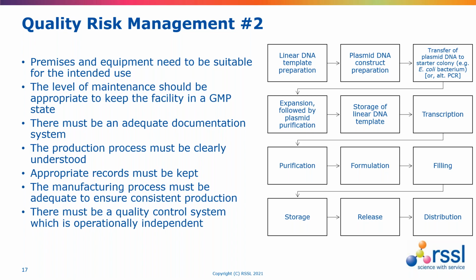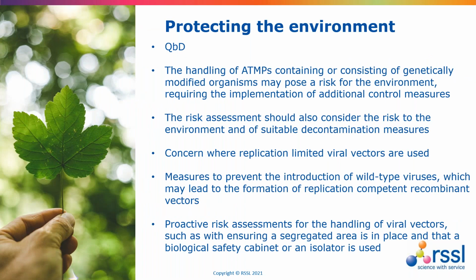Further with the design of premises, it's important that the environment is protected. So production should be taking place in areas connected in a logical order with a corresponding sequence of operations and a cascade of required levels of cleanliness.